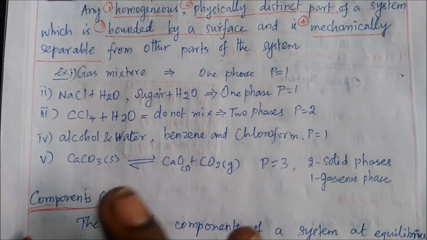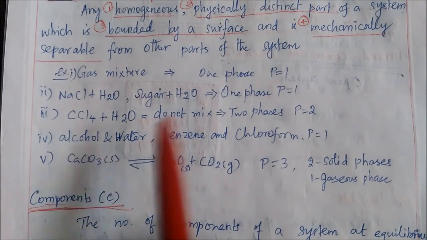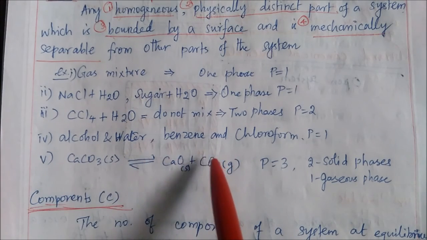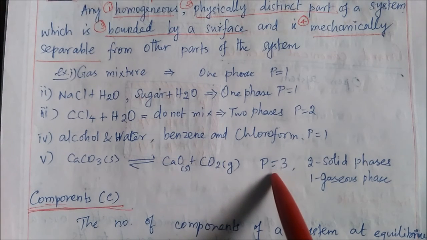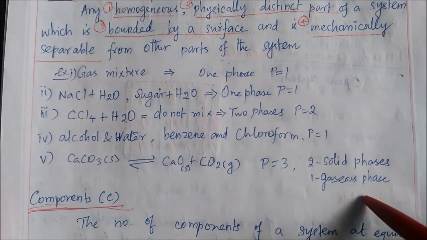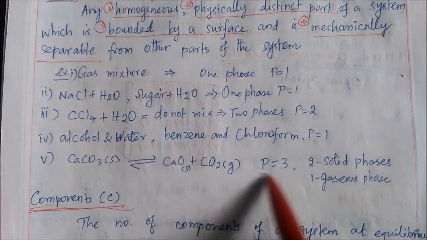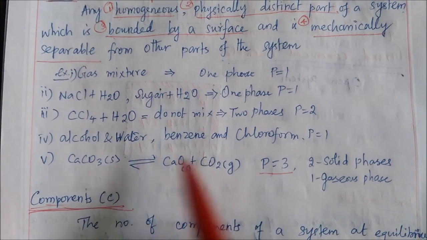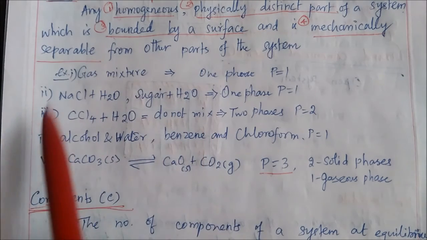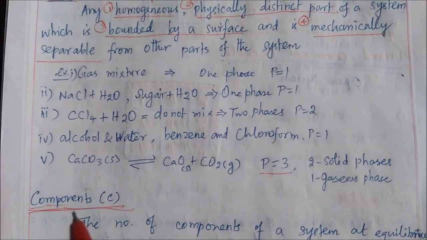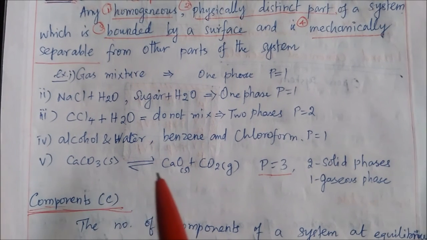So two solids and one gas. So 2 plus 1 is equal to 3 phases. So two solid phases, one gaseous phase, totally equal to 3. So this is the right one. So this is what we can get as an explanation in terms of phases.